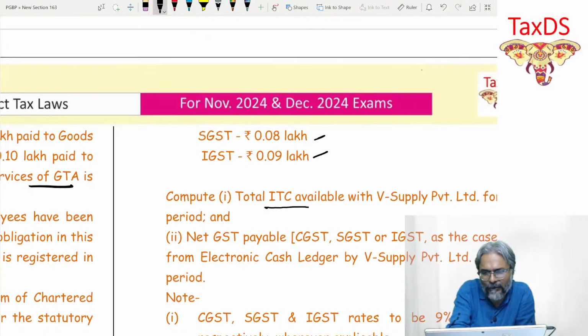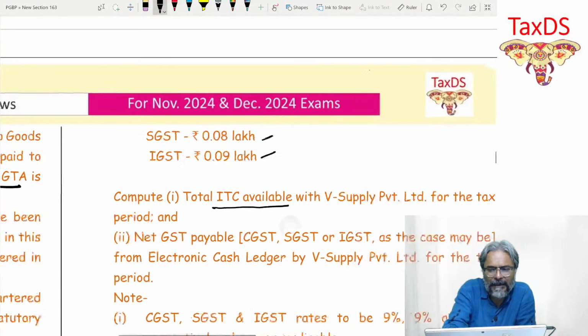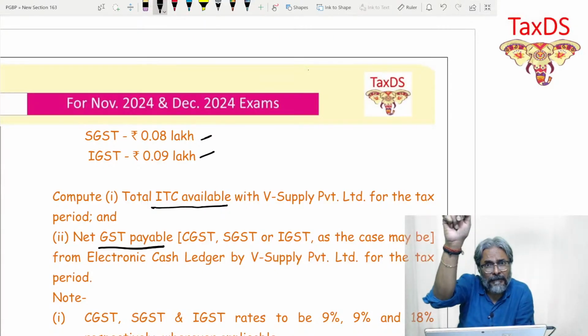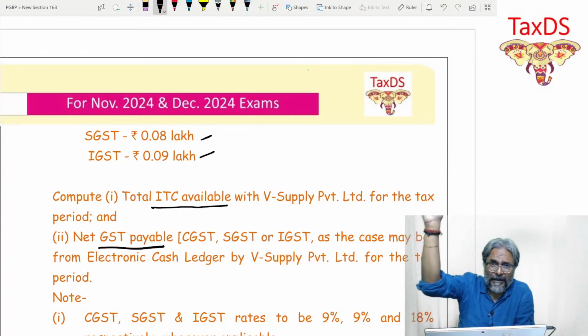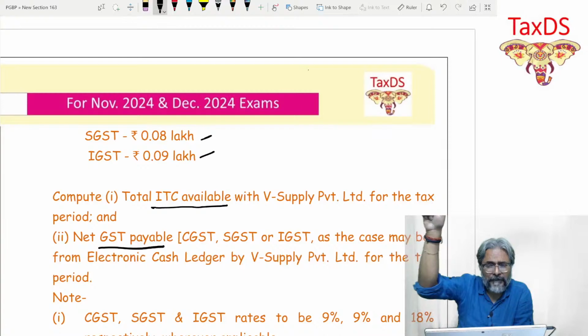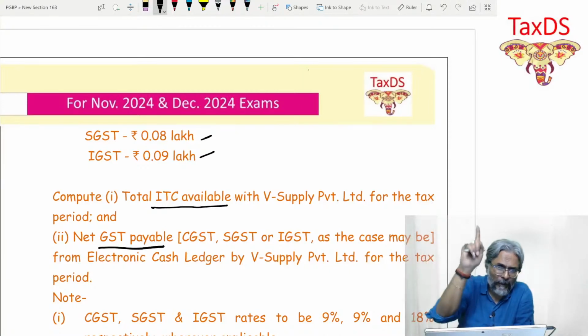So first, you need to compute the total ITC available with the supplier for the tax period, and the net GST. Net GST would be what? Students, be careful. In that total ITC, you will also include that GTA, because that is a reverse charge. The GTA, that is through the reverse charge. So you will add even that particular item in that particular statement. That is point number one.